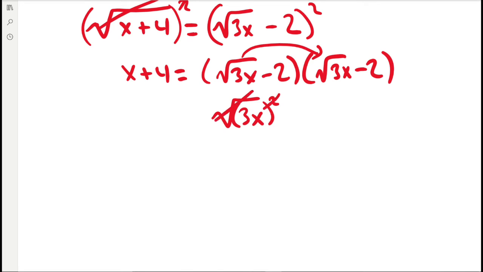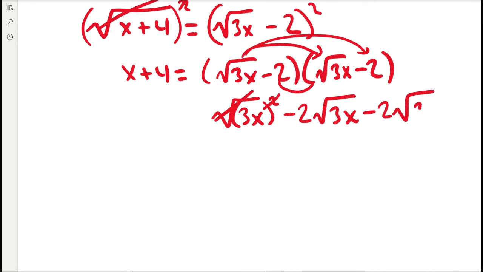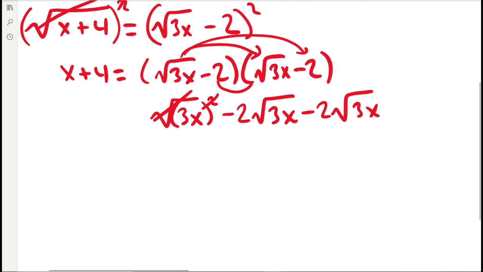Again, ignoring the absolute value. Square root of 3x times negative 2 is negative 2 square root of 3x. And then inner, negative 2 times square root of 3x is another negative 2 square root of 3x. And then negative 2 times negative 2 is positive 4. Again, make sure to bring down the left-hand side and the equal sign.